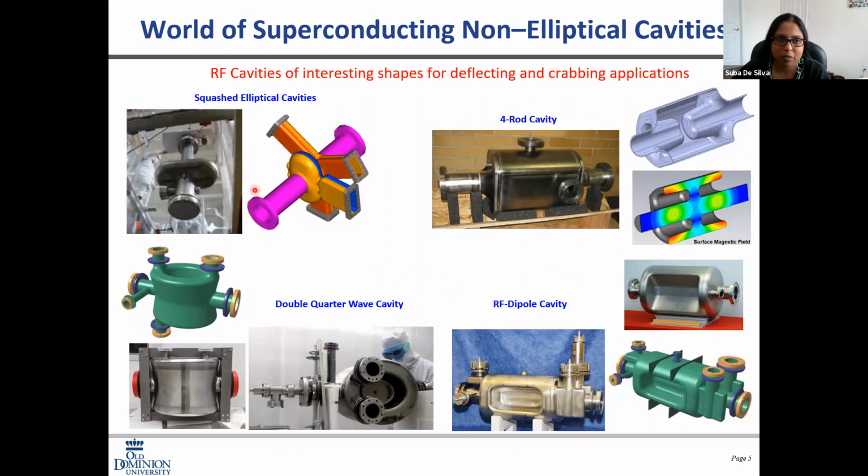The first one here is a squashed elliptical cavity, which is similar to an elliptical cavity but elongated in one direction. Then you have the four-rod cavity, which is from the UK. And then you have TE-type cavities, which are the double quarter wave and the RF dipole. I will try to go through as many of these cavities as possible.